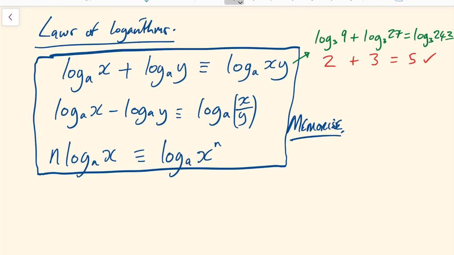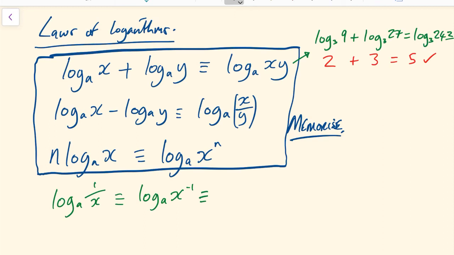Sometimes they will put down another log rule, and I'm just going to show you that. They'll say that log to the base a of 1 over x is equal to log to the base a of x to the minus 1, because 1 over x is x to the minus 1.